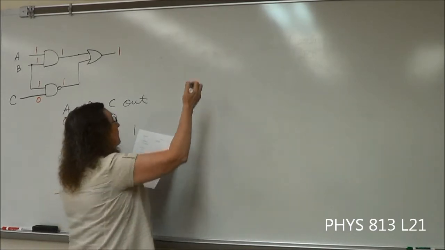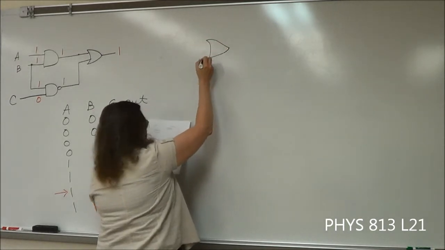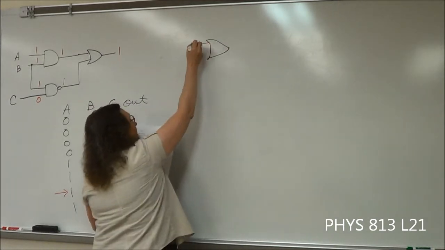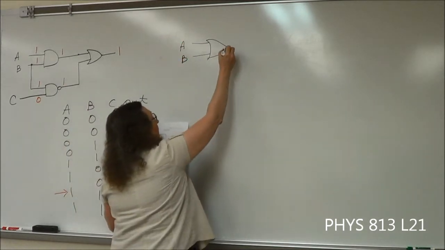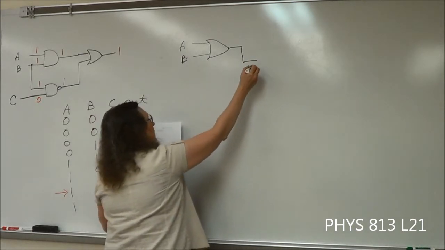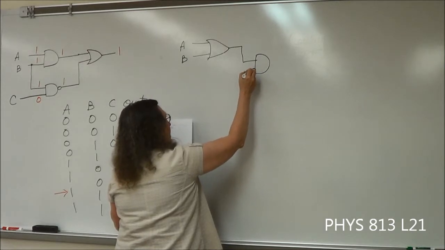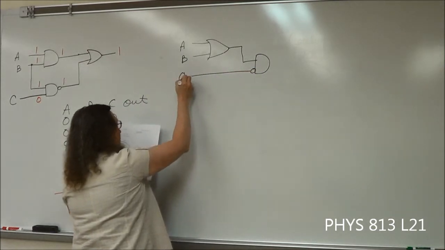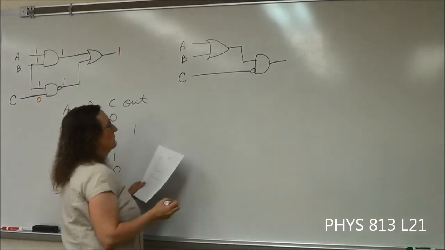The first one is an OR gate, has input A and B, and that output goes over here. Oh, yeah, there's one more thing to talk about. C, and then a line out there for the output.